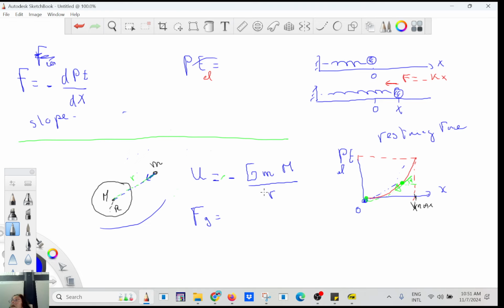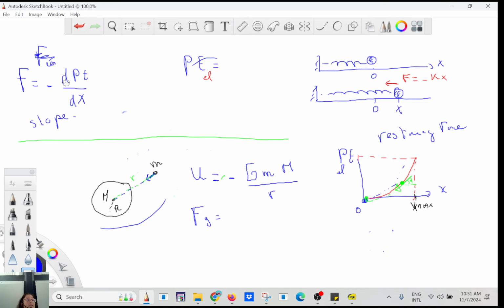So you take the integral of 1 over r. What do you get? No, sorry, you're right. No, I made a mistake.